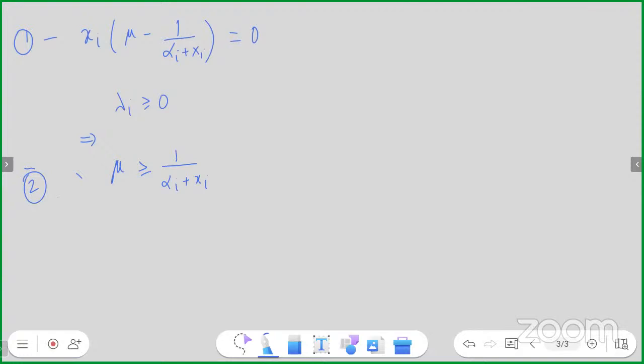When will the equality be true? On equation 2, xi is equal to 1 by mu minus alpha.